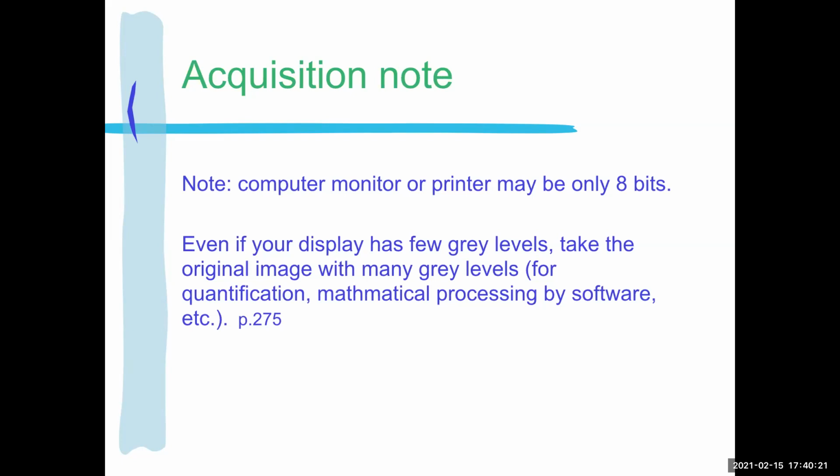Okay, a quick note. I've hinted that I don't know what gray level you're looking at because it depends on your computer. I know what my computer has, and I know what the photographer can tell me. It's called metadata. The photographer maybe can tell me what the gray levels in their camera were.